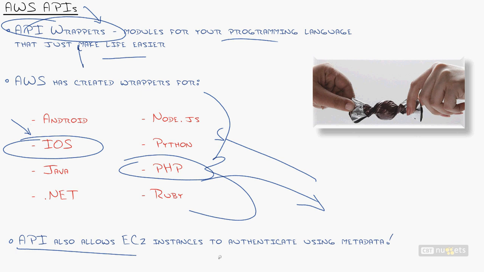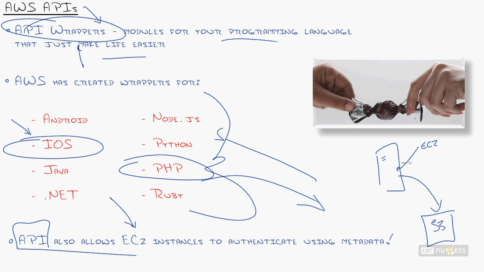This is a behind the scenes API function. I can actually assign permissions to my EC2 instance. This is fairly new functionality, but before Amazon had it, you would have to go into your EC2 instances, and if you wanted this instance to store in an S3 bucket of some sort, you would have to write it in your code to authenticate, and here's the keys and access and what you can get to and all that.